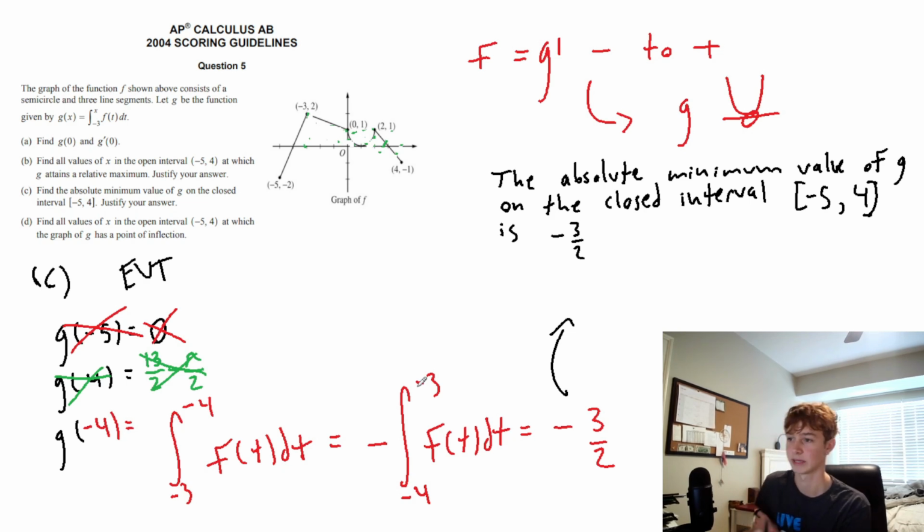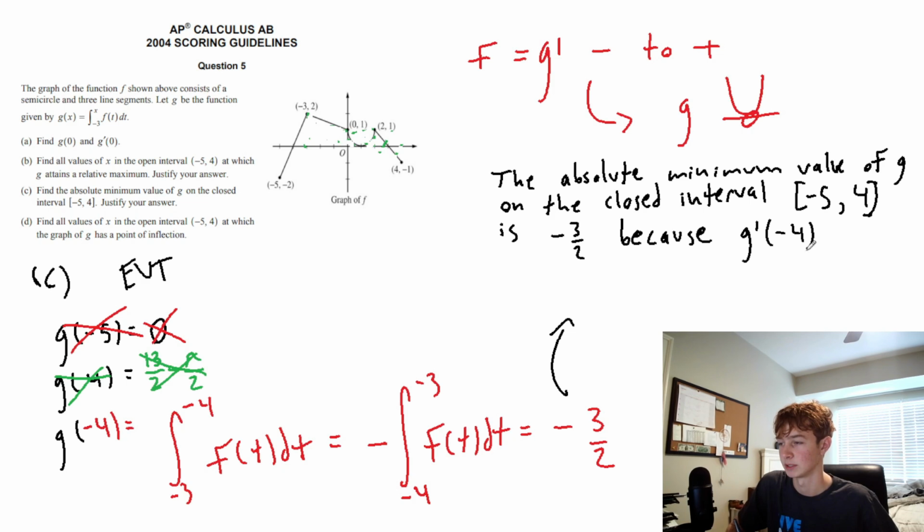So the way we justify that answer is -3 over 2 because g prime of -4, or the point at which it occurs, changes from negative to positive.